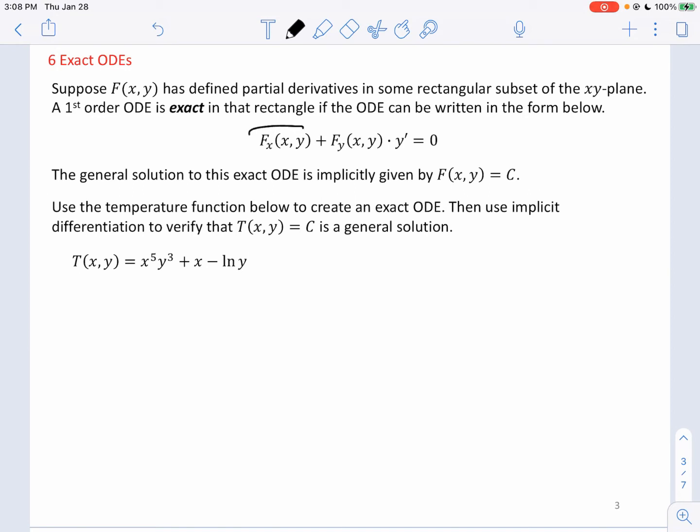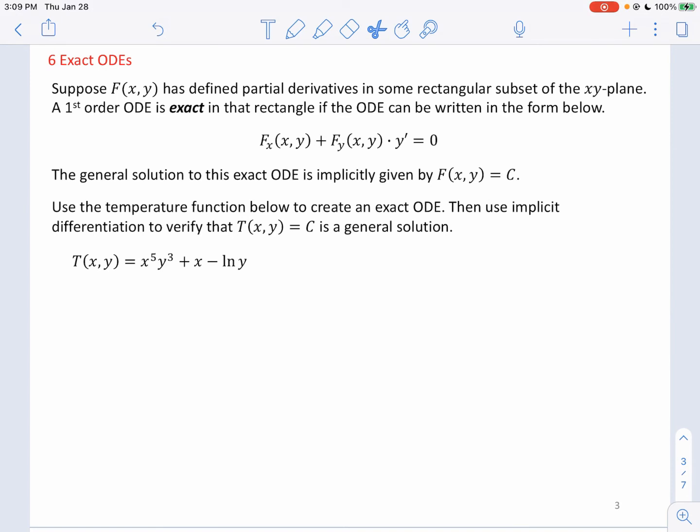So here's our differential equation. We have some expression right here that turns out to be a partial derivative with respect to x of capital F. And then we have some expression here, which happens to be the partial derivative of capital F with respect to y, times our y prime, and this is your classic y prime, dy dx, equal to 0. So if our ODE can be written this way, where this part and this part are the x and y partial derivatives, respectively, of some other capital F function, then we have an exact ordinary differential equation.